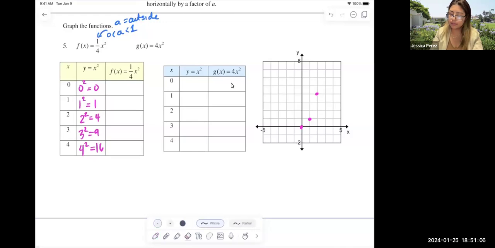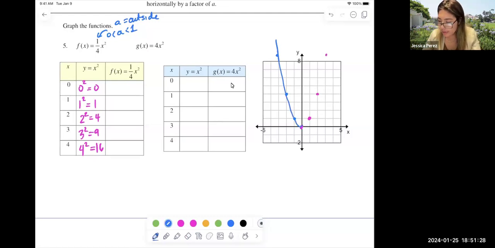So let me redo that. 1, 1, 2, 4, 3, up to 9. And then we know that the 4 is going to be going over there. And we know it's symmetric. So at 3, we're going to be at 9. So we know the parabola of an x squared term with a 1 as a leading coefficient looks like this.